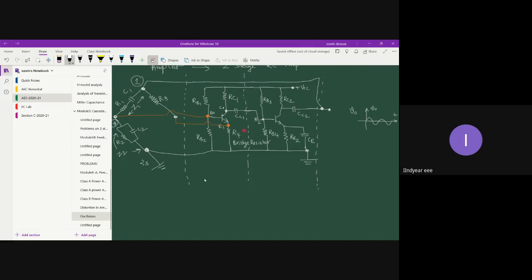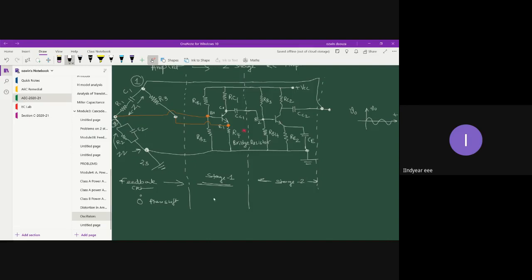Now let us also mark certain sections of the circuit. So this is your stage 1. This is your stage 2. Okay, and this part of the circuit is your feedback circuit. Feedback circuit gives 0-degree phase shift.